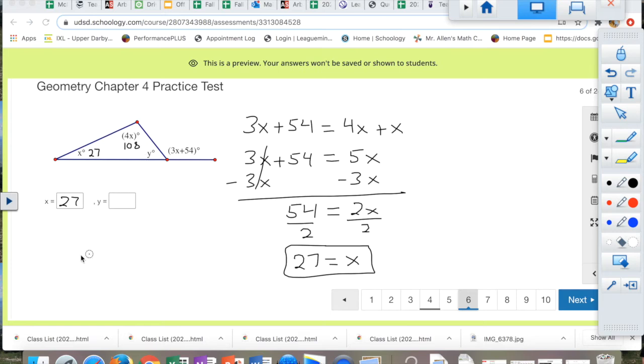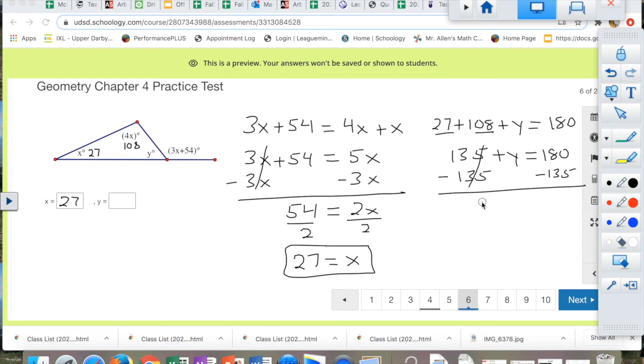So if I add these three up, 27 plus 108 plus y, those three angles of the triangle should equal 180 degrees because there's 180 degrees on the inside of a triangle. 27 plus 108 is 135, so combine your like terms. 180 minus 135, y is 45 degrees.